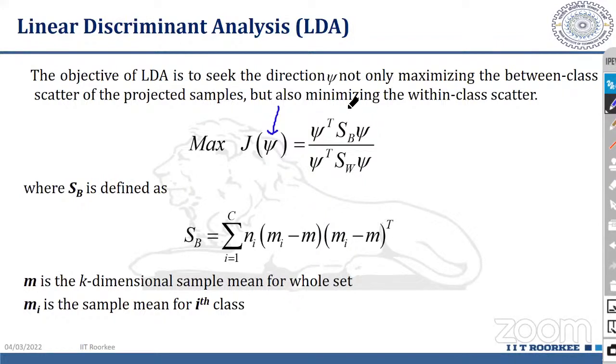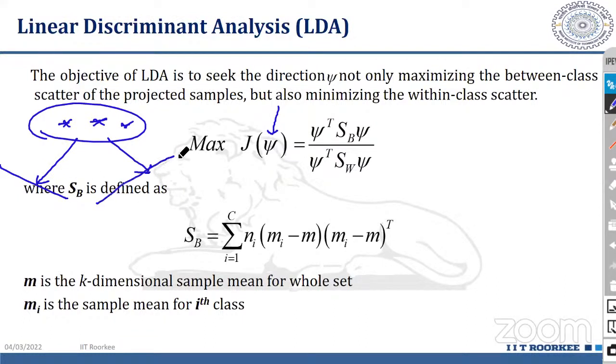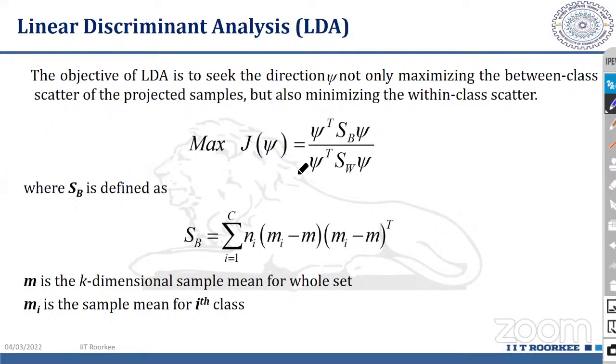You are seeking the direction. You have a set of points, and you are trying to project them in a certain direction, whether on the line in this direction or in this direction. So that is nothing but maximization of J psi, which is given by Fisher and is called Fisher's equation in LDA.